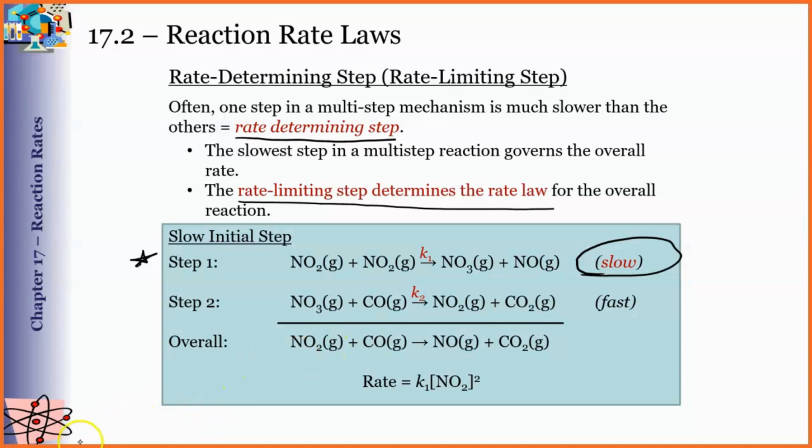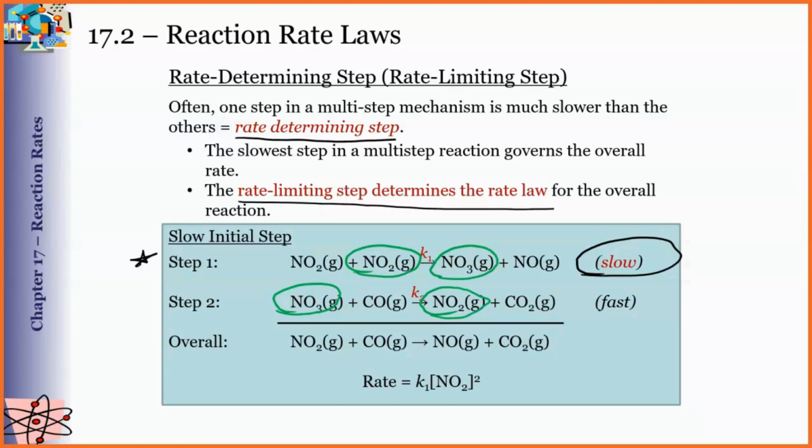Intermediates are the same on both sides of the reaction. So as I look at this example here, I notice that NO2 is on the product side here and the reactant side. So it's going to be considered an intermediate. I also notice that NO3 is on the product side here and the reactant side here. So that's also an intermediate. Everything that's not circled, you can see adds down to the bottom.